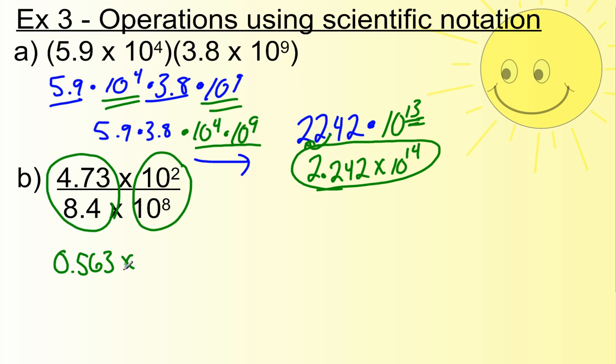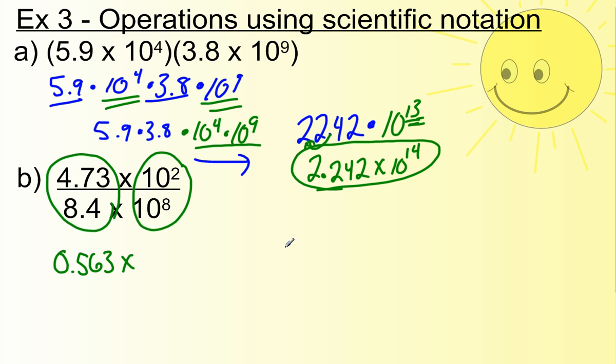0.563 times, alright, now this guy, 10 squared over 10 to the 8th. Well, we didn't really look at this particular property yesterday, although there is a property that deals with this. But here's what you would do. To simplify them, you want to have them either both on the top or both on the bottom.